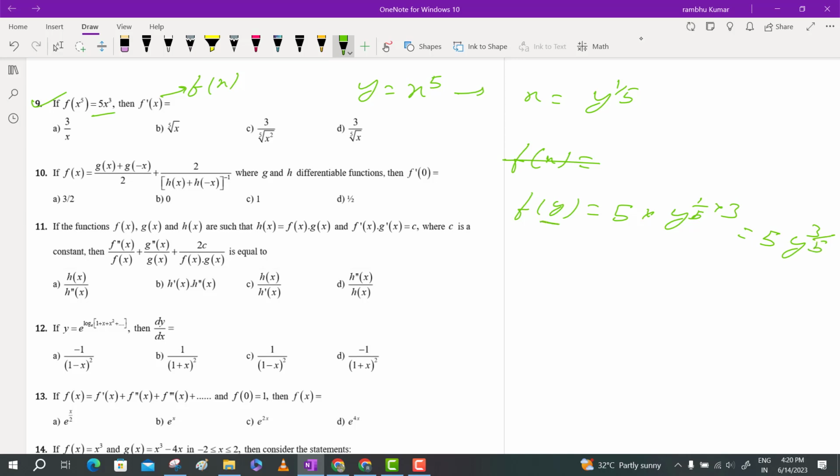Now exchange this y with x, so we have f of x is equal to 5 x to the power 3 by 5.